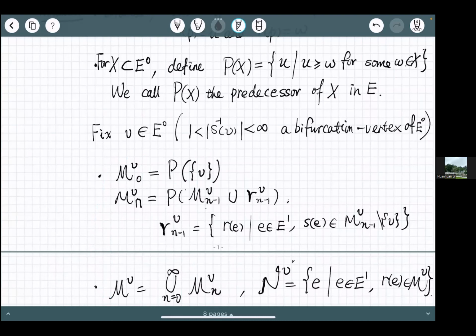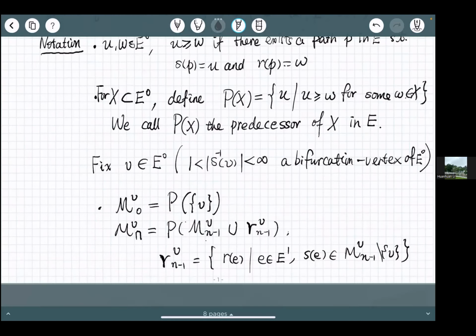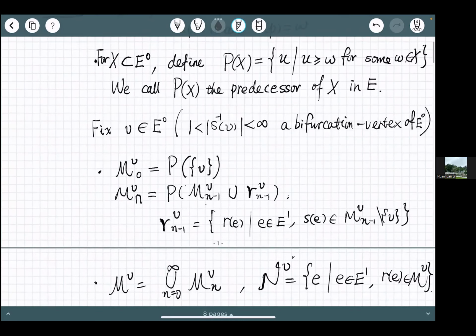Then we can define M_n^v inductively in this way: it is the predecessor of the union of M_{n-1}^v with another set, which we define here.